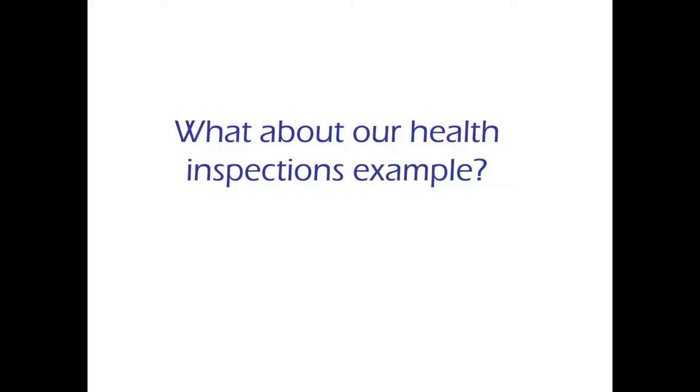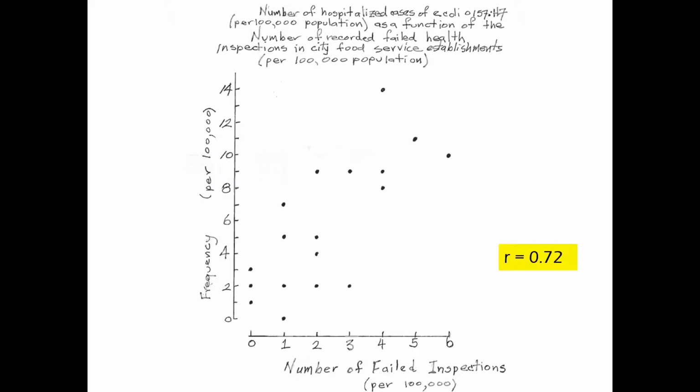Now, back to our health inspections example. Based on our data, we calculated an R value of 0.72, meaning the number of failed inspections and the number of hospitalized cases are positively correlated.